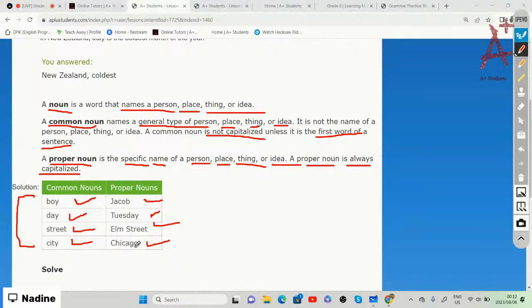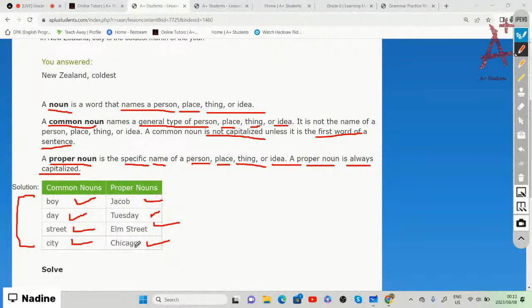Common nouns name general types of a person, place, thing, or idea. And we said a common noun does not name a specific name. It does not give a specific name of a person, a place, a thing, or an idea. And also with common nouns, we do not capitalize them unless it is the first word of the sentence, unless the sentence starts with a common noun.